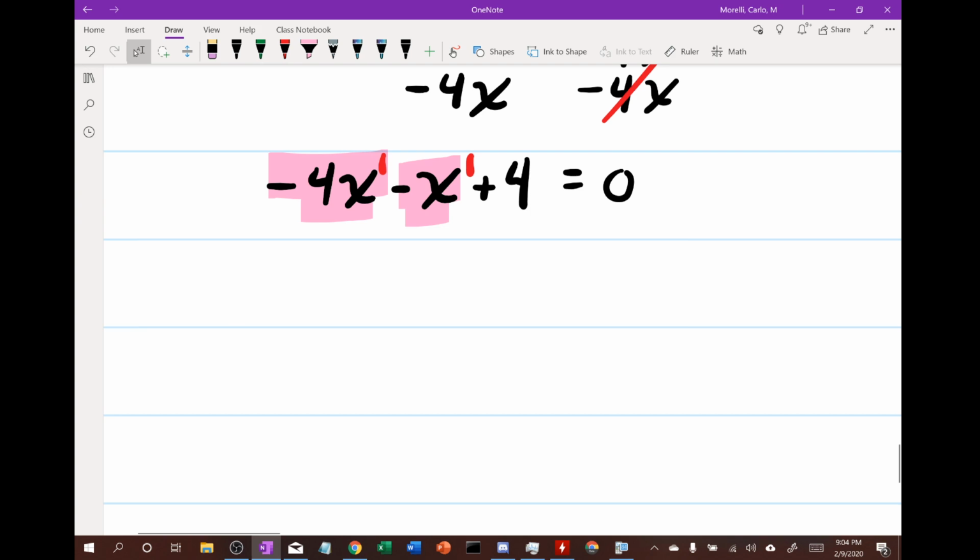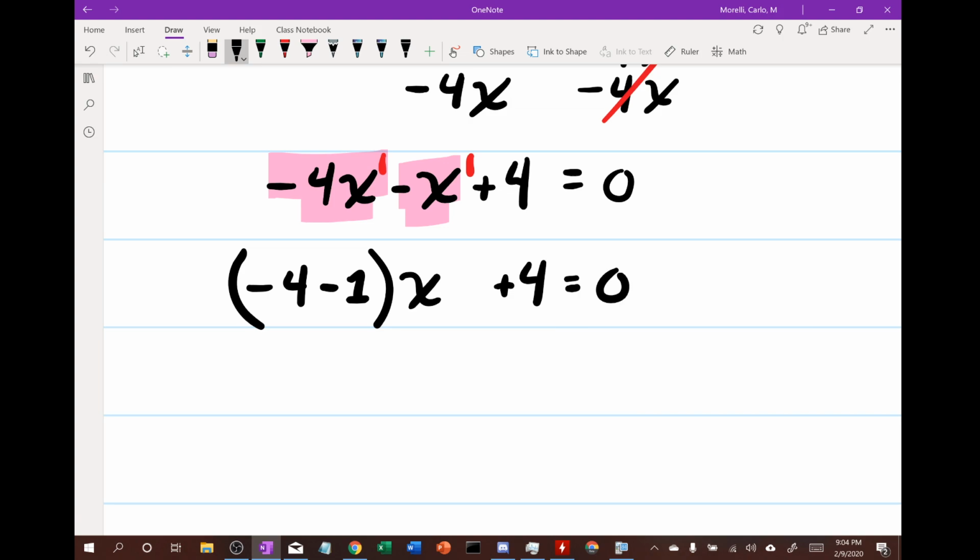So what we're really doing here, guys, is negative 4 minus 1 times x. And then there's a plus 4 hanging out to the right.